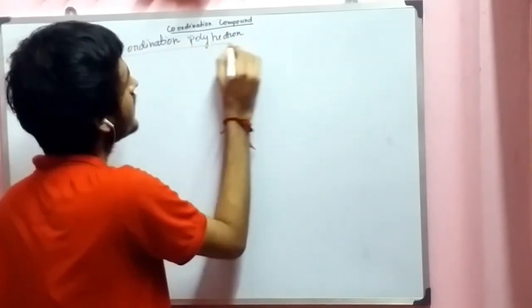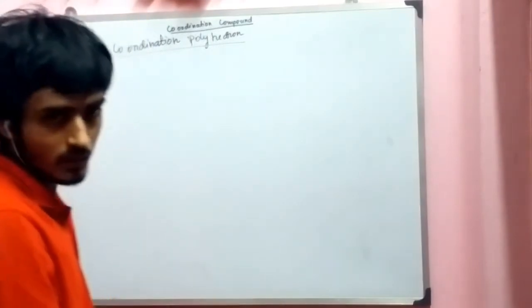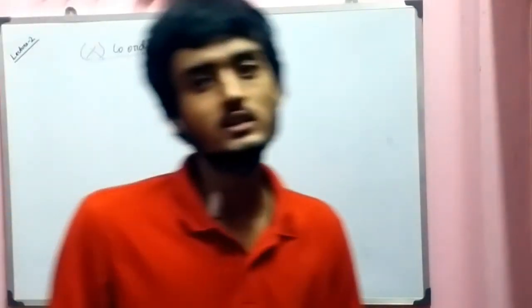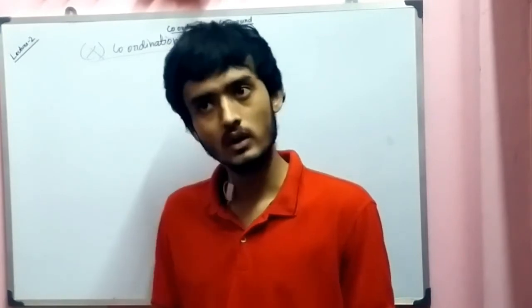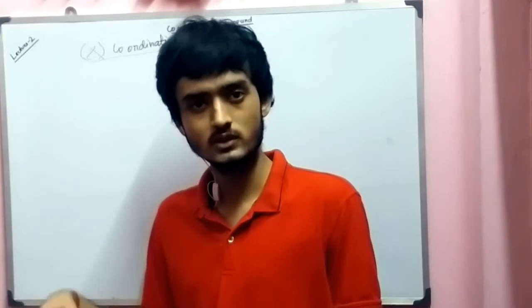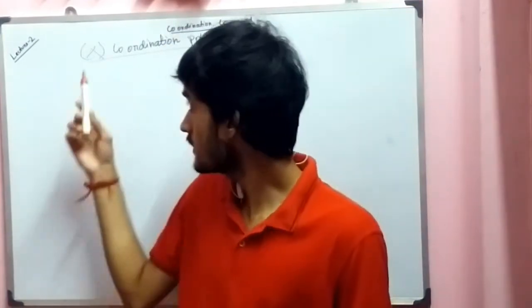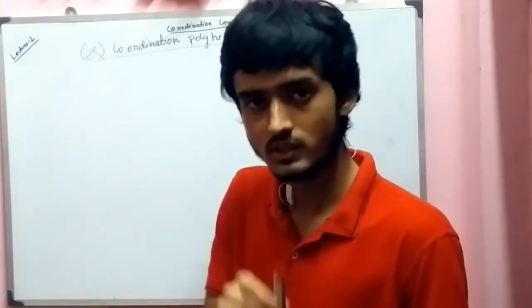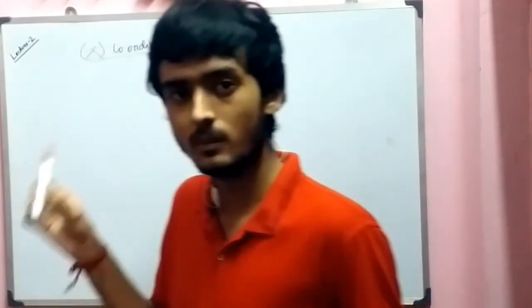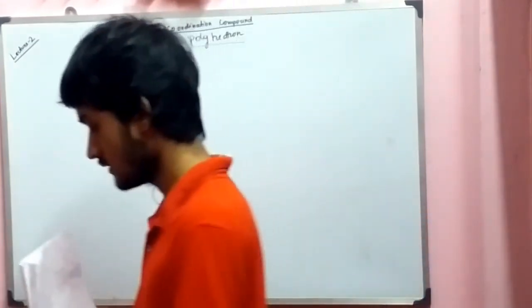Here in this point mainly we will learn, if the coordination number of a certain central atom is something, what will be the shape or size or the hybridization of this central atom. In this coordination polyhedron, we will be learning this. Okay, so let's start. It is also a very important thing I am discussing here.